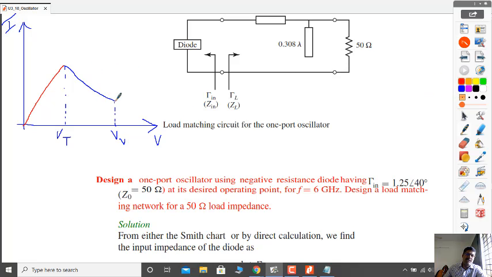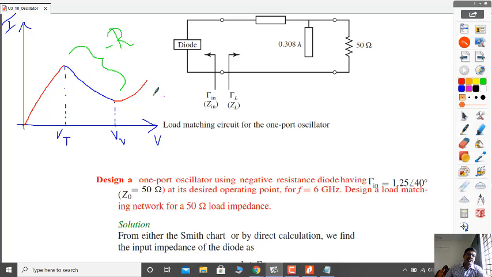If we increase the voltage still further, it follows again a positive region, and the decreasing region we call the negative resistance region, minus R. Then we have to bias the diode in such a way that it operates in the negative resistance region.